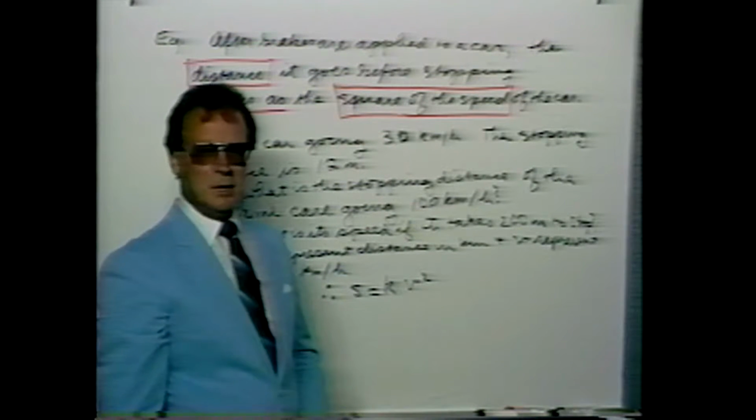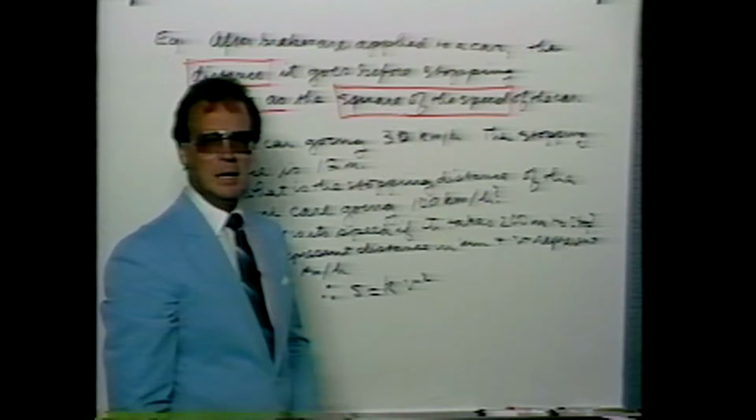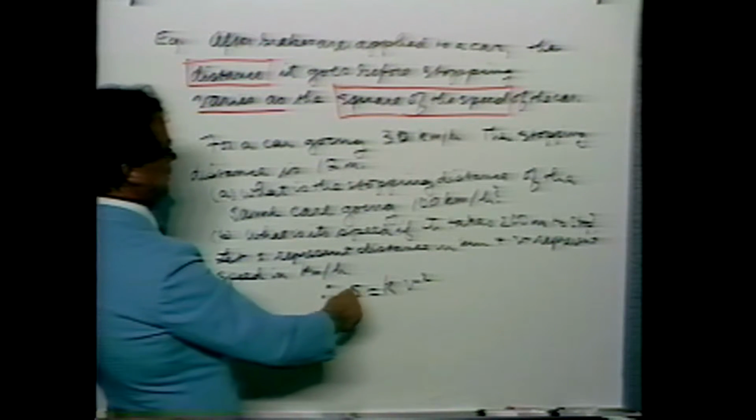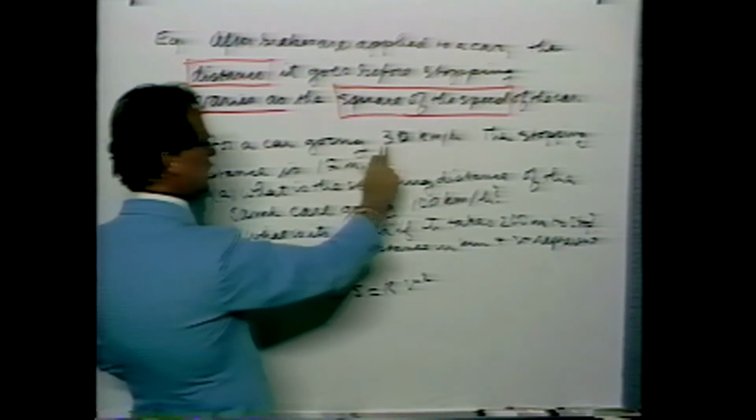The first thing we must do is to solve for K. And solving for K can be done by using the initial conditions, which this is.